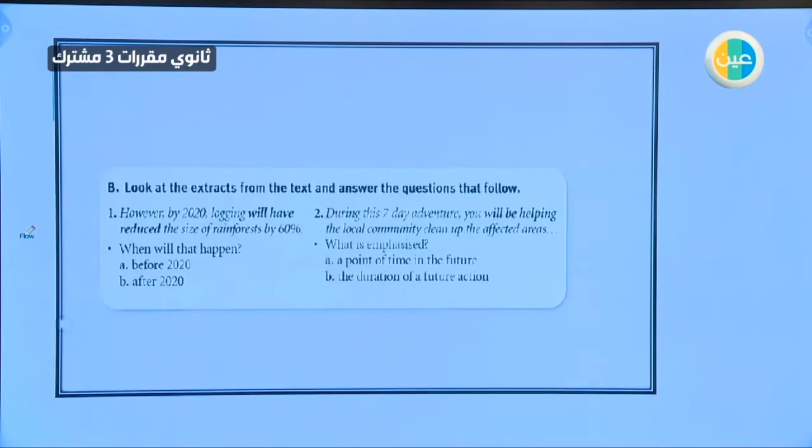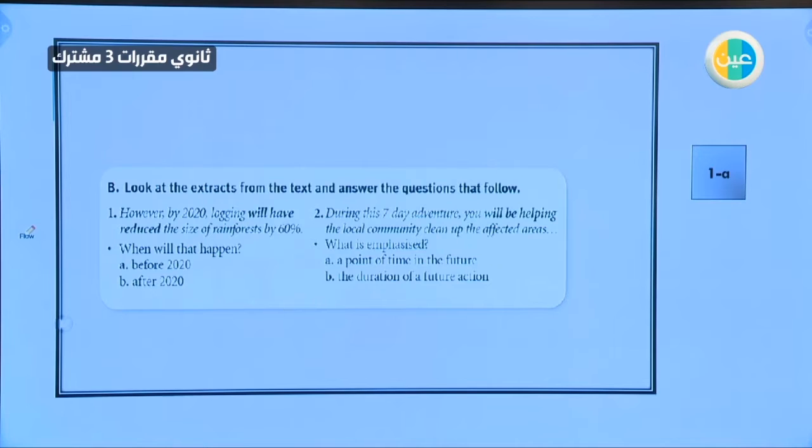Spot decision. Okay? B, however, by 2020, logging will have reduced. Look at this future tense, will have reduced the size of the rainforest by 60%. When will that happen? Of course, before 2020. When I say by, it means before. So before this time, this thing will be finished.